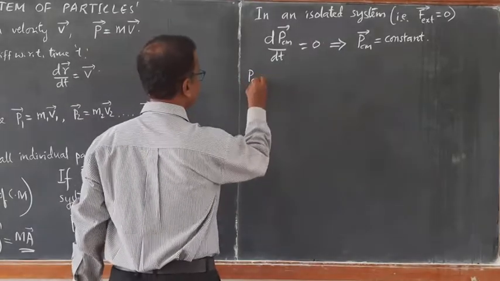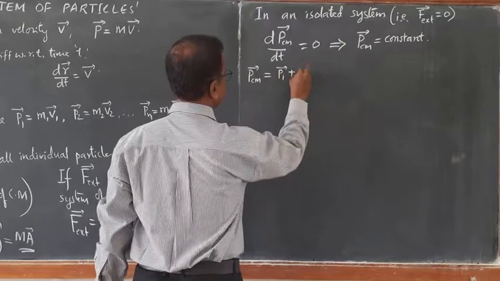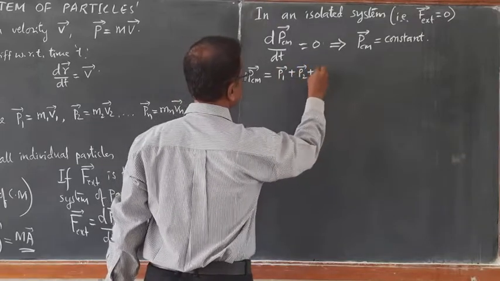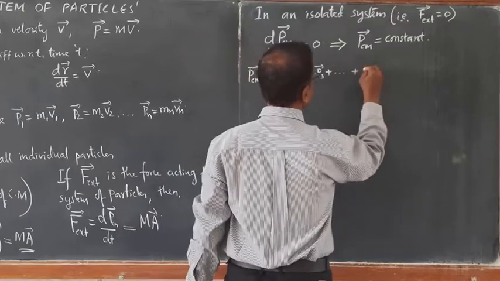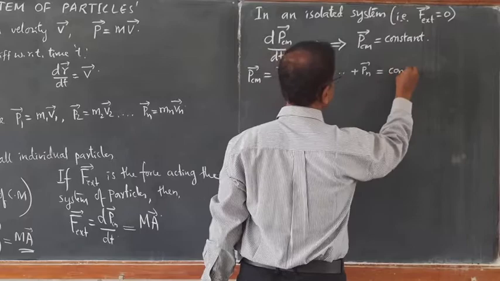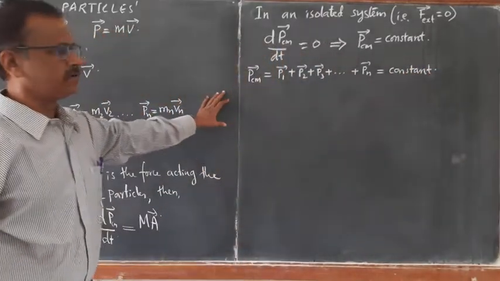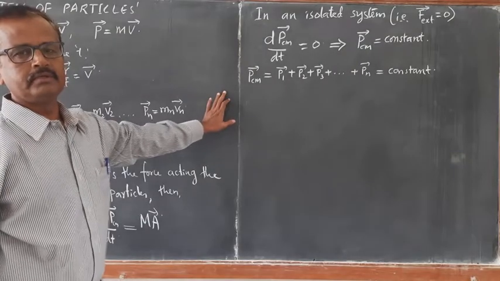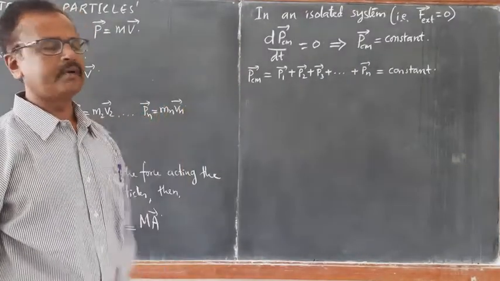We know that Pcm is equal to P1 vector plus P2 vector plus P3 vector and so on, Pn vector, this is totally remaining constant. So this is the statement of law of conservation of linear momentum for a system of n particles.